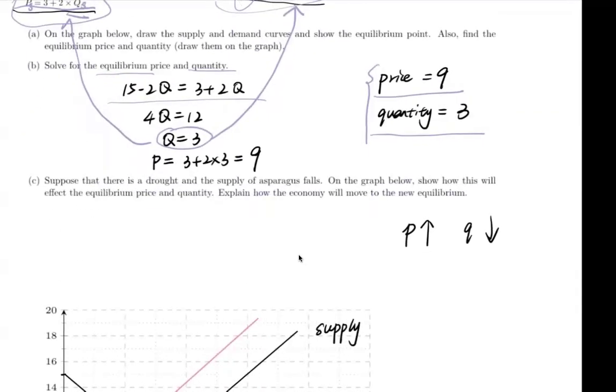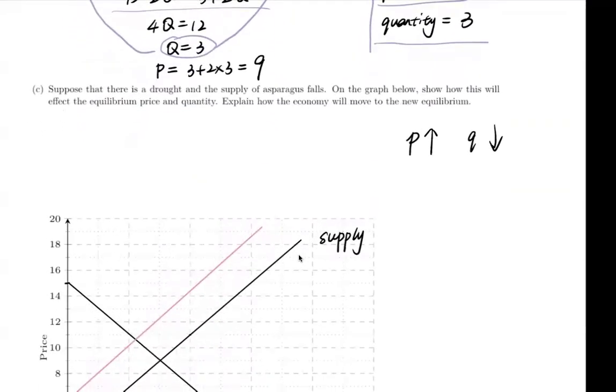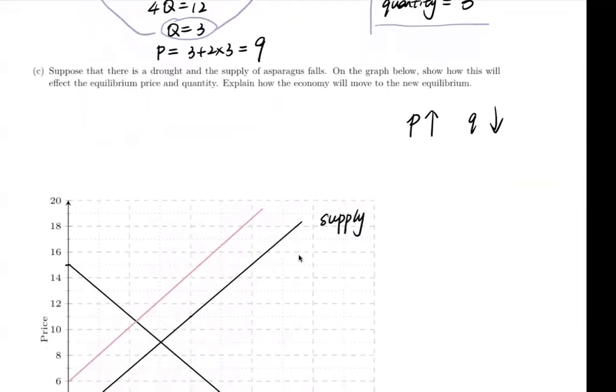And part C: suppose that there's a drought and the supply of asparagus falls. On the graph below, show how this will affect the equilibrium price and quantity, and explain how the economy will move to the new equilibrium. So which means that the supply decreases.